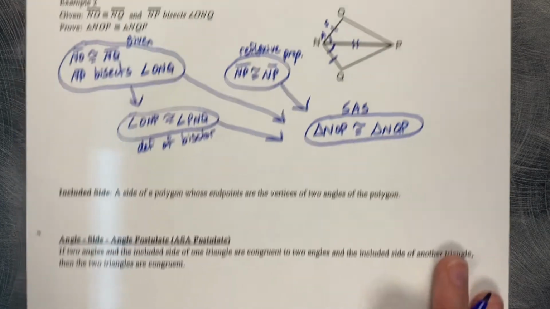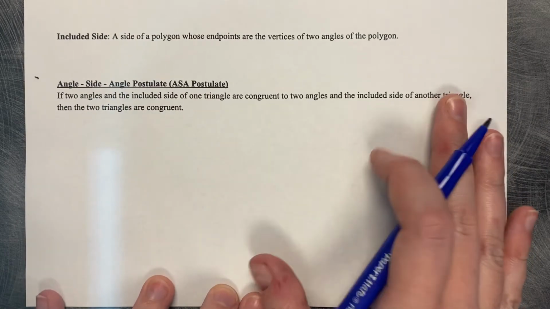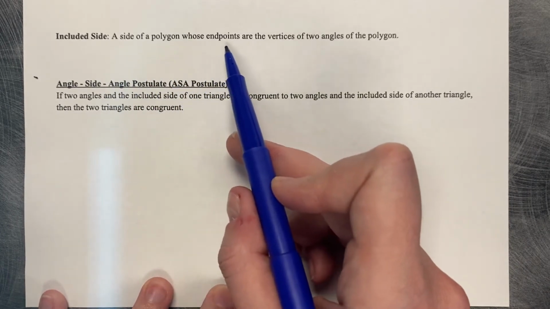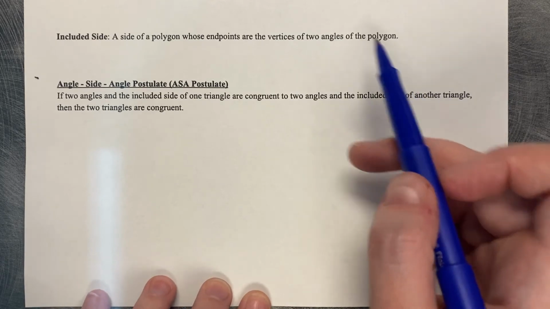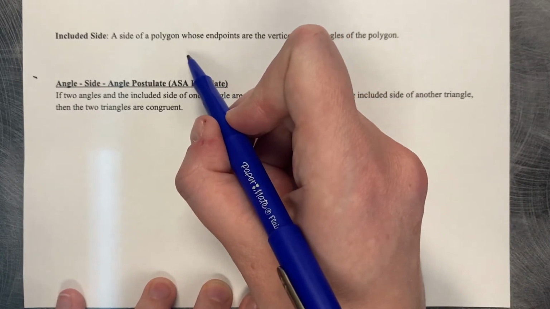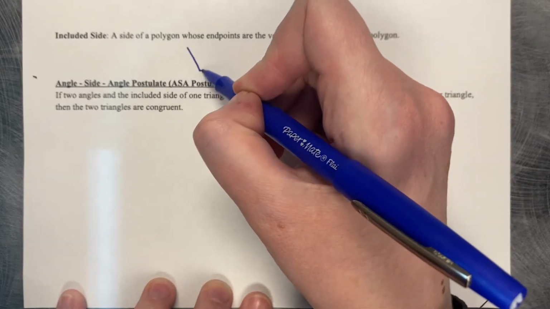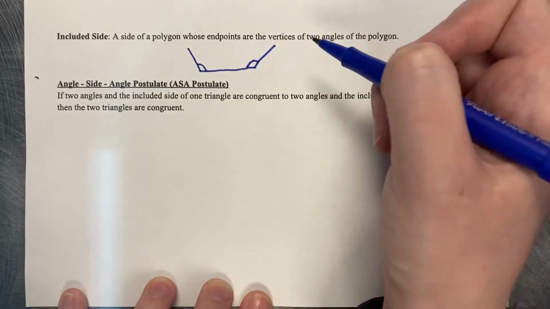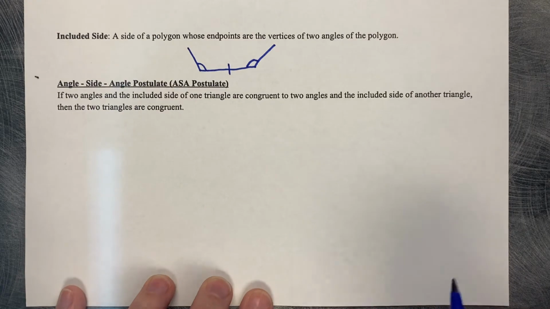All right, the last one we're going to do a proof for today is angle, side, angle. An included side is a side of a polygon whose endpoints are the vertices of two angles of the polygon. So if I had something like this, these two angles are congruent, and that would be the included side that's between them.